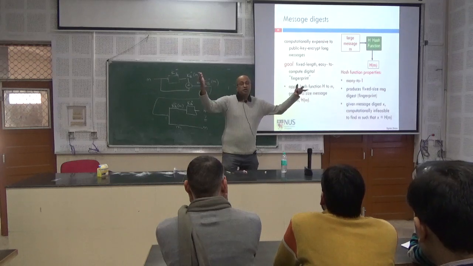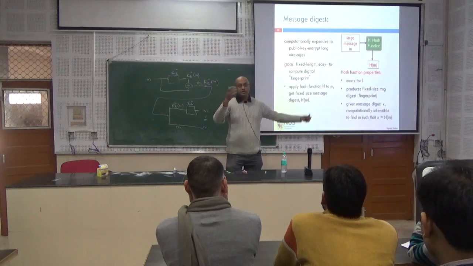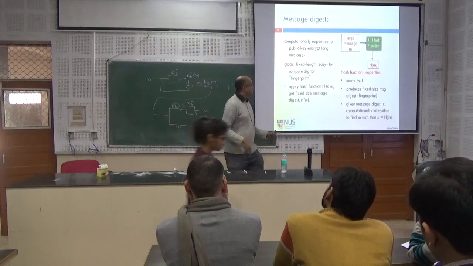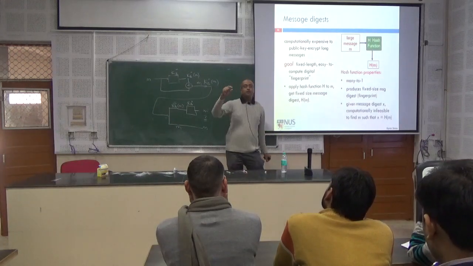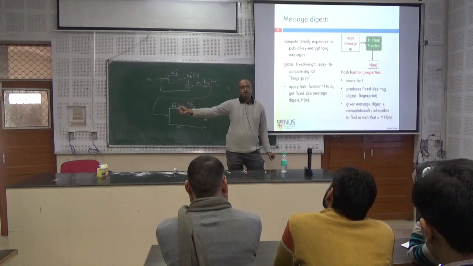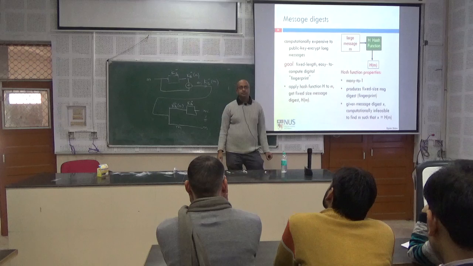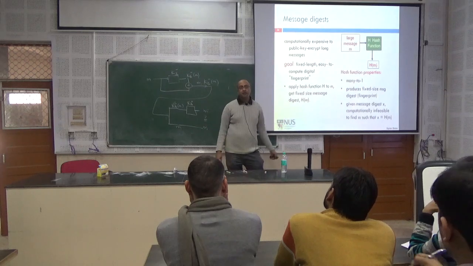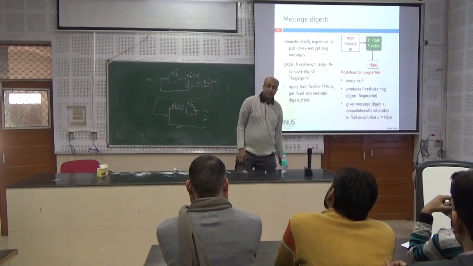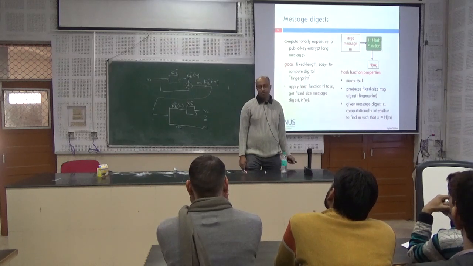Do you have 2 to the power of 128 messages that you want to distinguish between? In most cases, probably not. So while it's many to one, and it is possible that two messages will map to the same hash output, hopefully that doesn't happen very often. And of course, if we go from 128 to 256 bits, the likelihood of that happening will be even smaller.